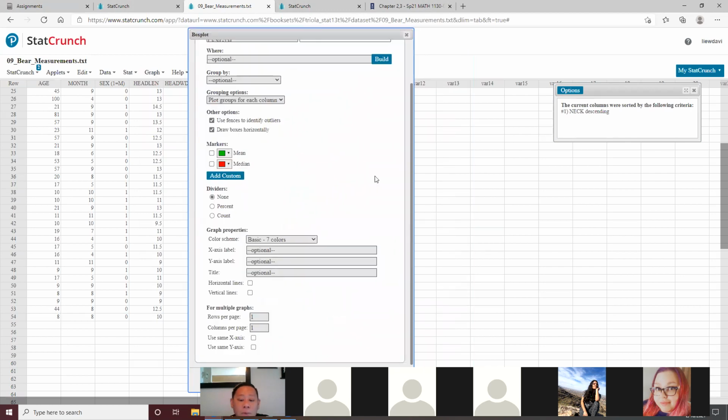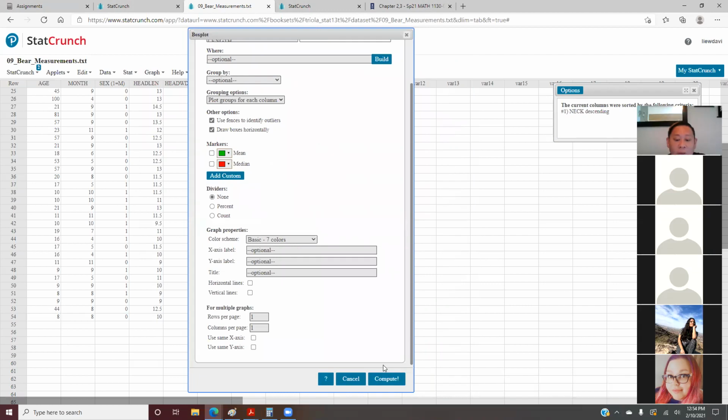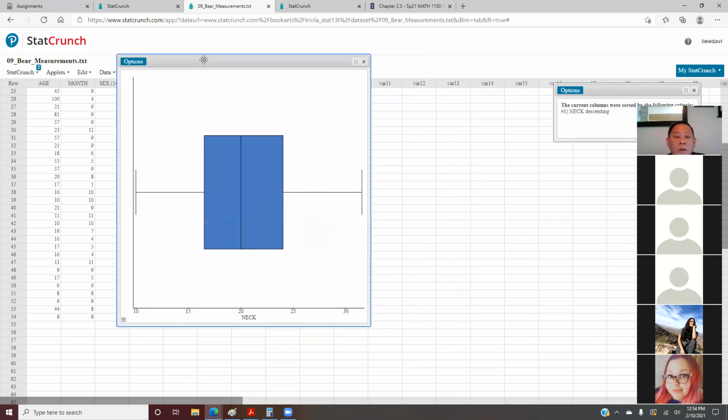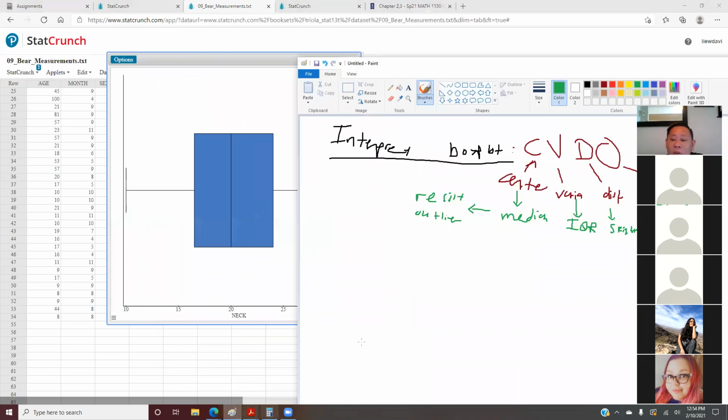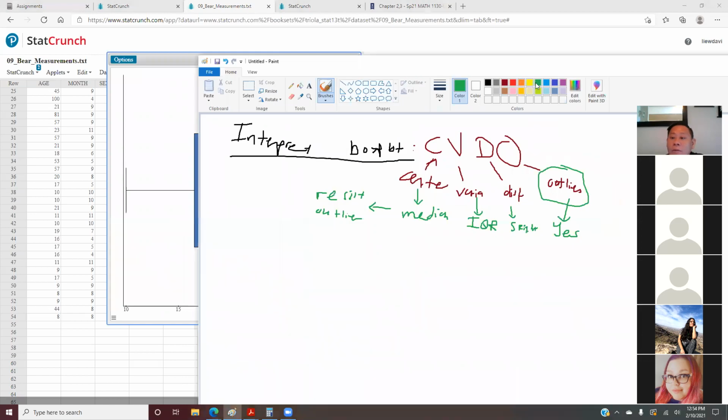So can someone tell me what is going on with this box plot? Do we have any outlier here? No. So if you have no outliers, then you will report the mean and your standard deviation.